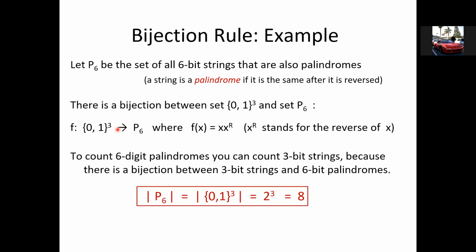Okay, how many choices do I have if a string has to be a palindrome? I choose the first 3 bits freely, and then that's it, because the remaining 3 bits are determined already. They are mirror images of the first 3 bits I chose. But this is really the same argument.